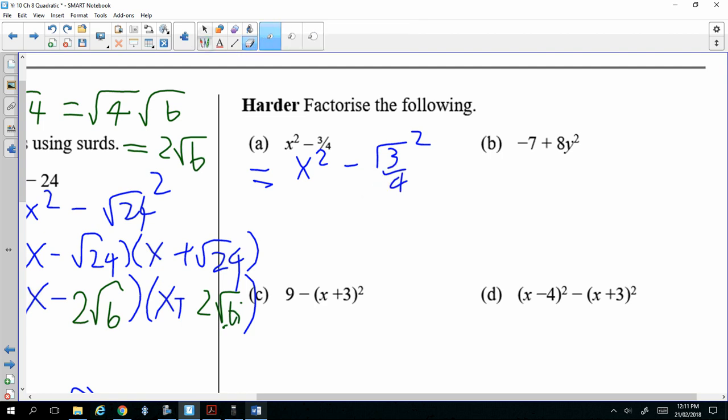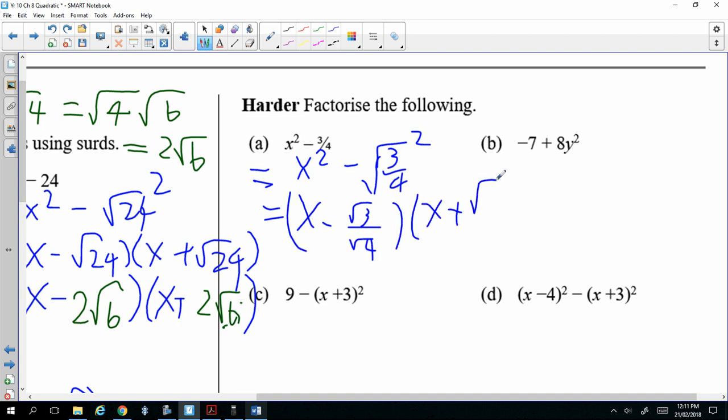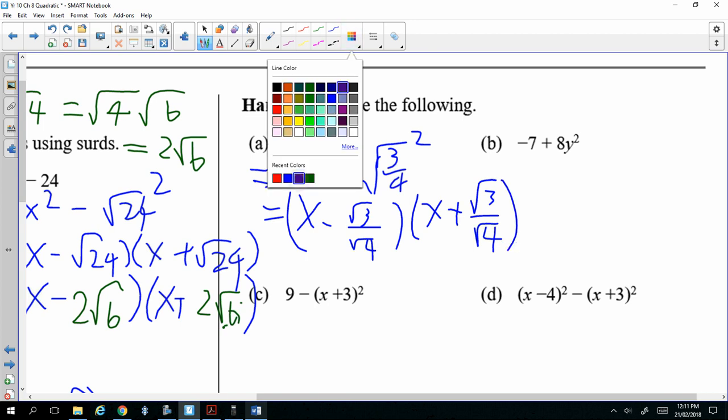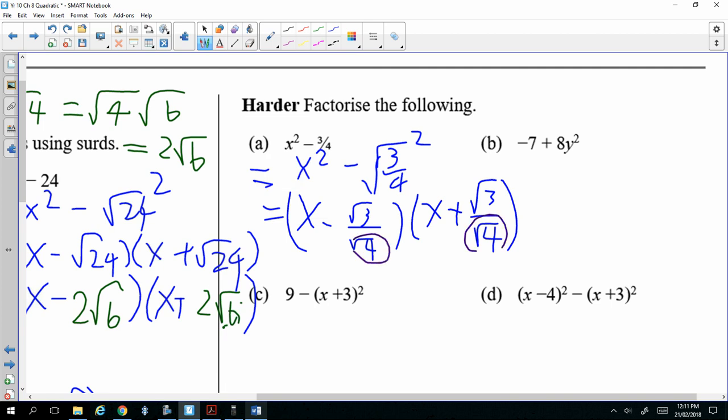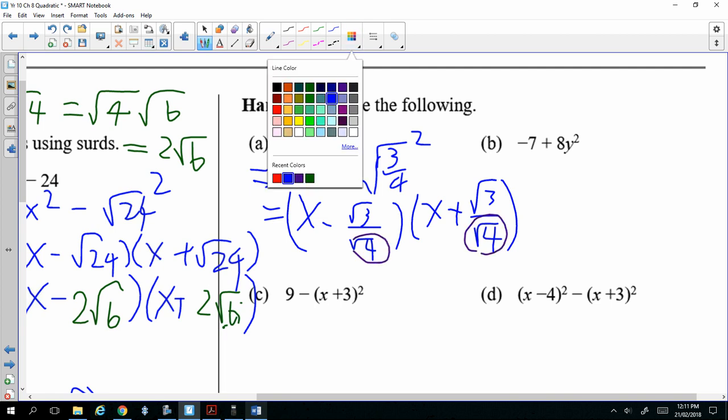So you're going to write x minus root 3 on root 4, and the other one x plus root 3 on root 4. So you can split the square root into 2 parts. The reason why I do that is because root 4 is 2, isn't it? So your final answer will be x minus root 3 over 2, x plus root 3 over 2.